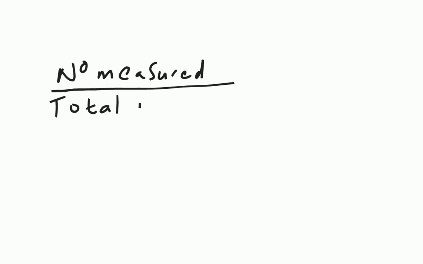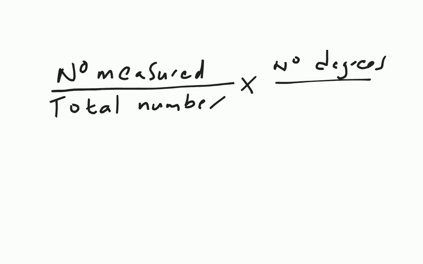So in our case, that's the total number of pupils that we have, and then we times that by the number of degrees in a circle. And that in our case is 360.